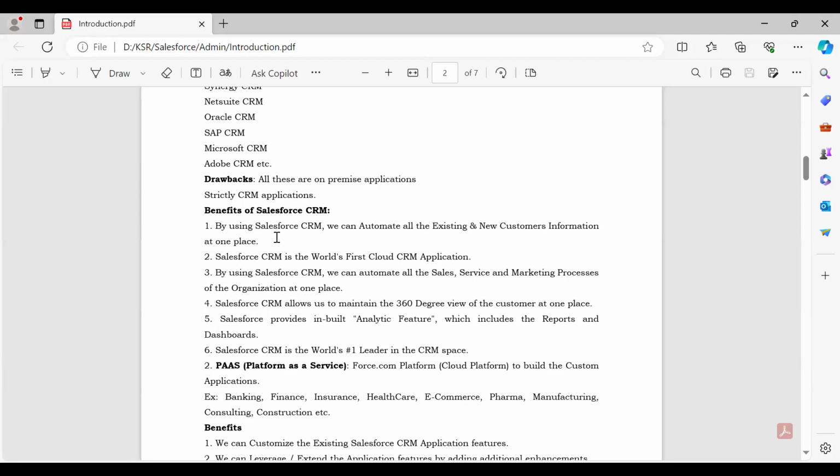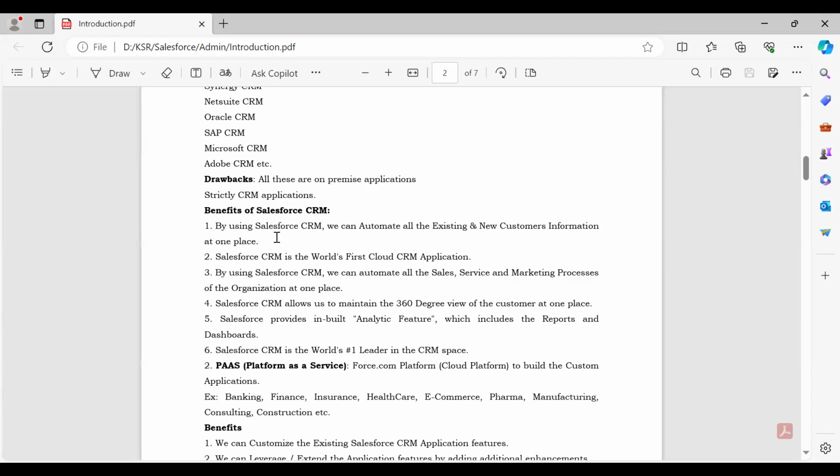For example, take the Health Cloud product offered by Salesforce. The name itself says Health Cloud. It is a product given by Salesforce particularly for the healthcare industry.